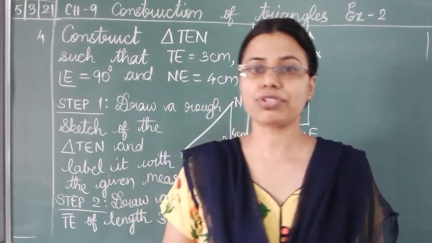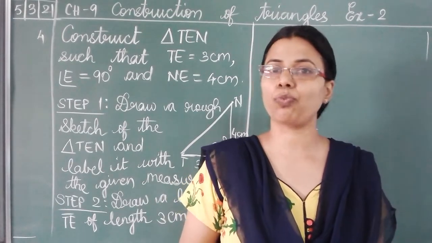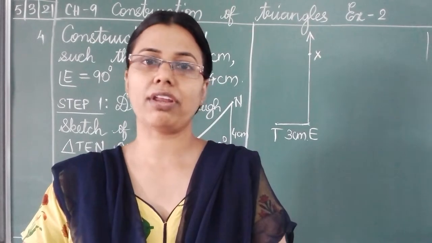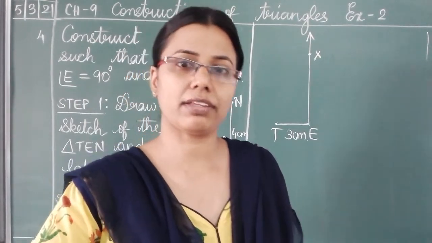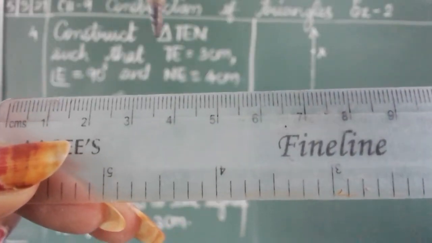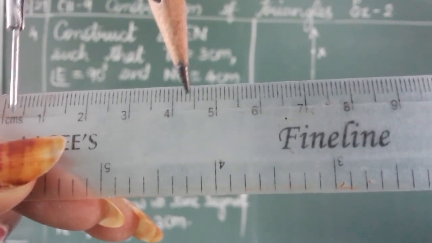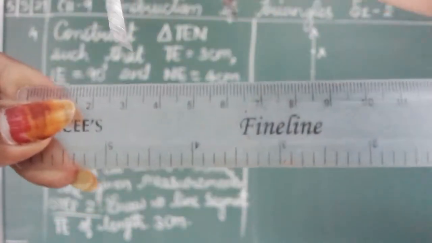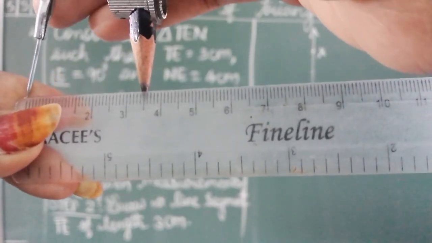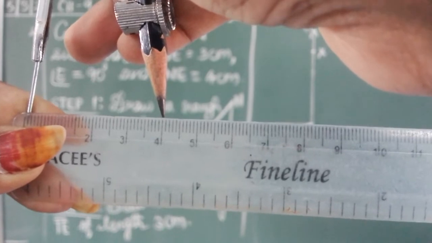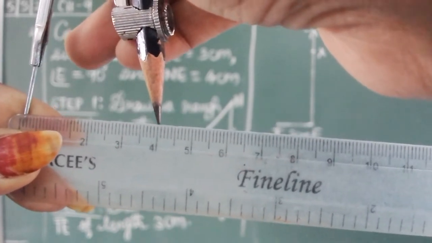Now measure 4 centimeters on your scale with your compass and then you are supposed to draw an arc. Let's do that. So use your scale and here you can see that this is 0 and this is 4 centimeters. Okay?